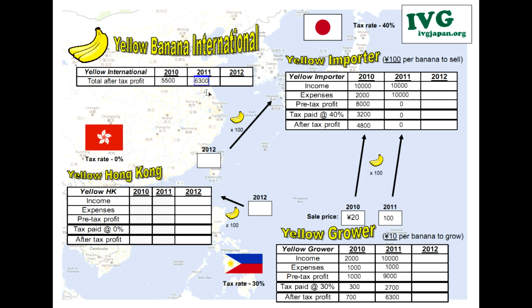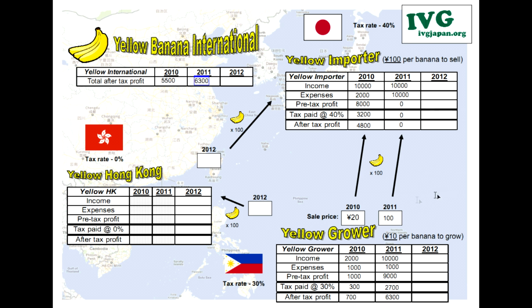Okay, so then the shareholders are saying, well, fantastic, you've got us some extra profits, but surely we can do more. So for the year 2012, what we're going to introduce is this tax haven subsidiary. So Yellow Hong Kong opens up for business, and of course one of the attractive things about operating in a tax haven is the lower tax rates, and for this case I've given a Hong Kong tax rate of 0%.